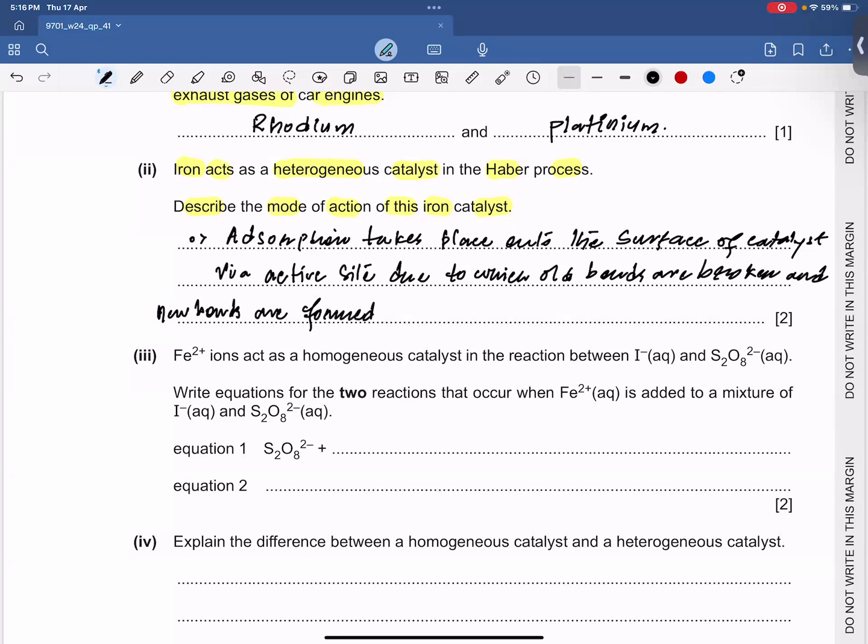And then desorption takes place, in which the product will leave the surface of the catalyst.